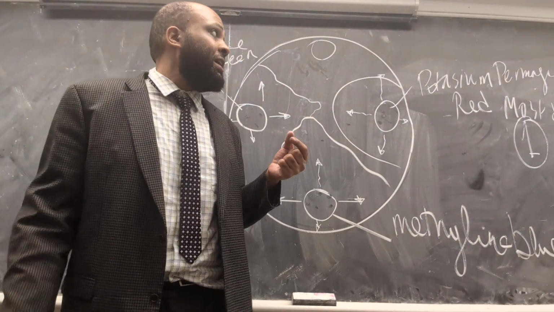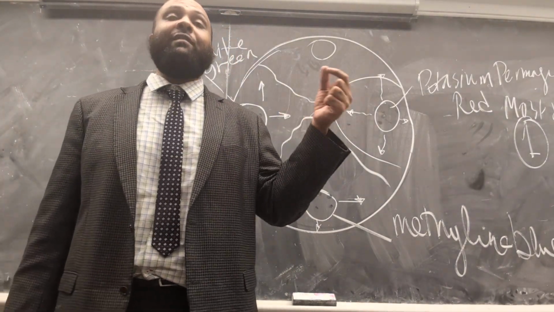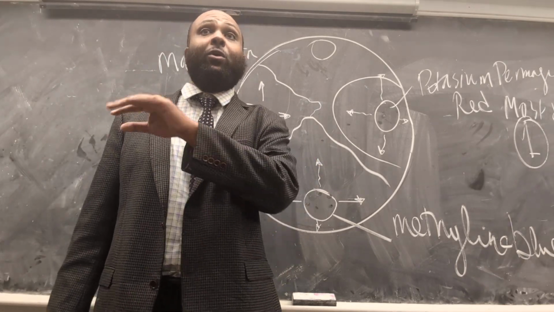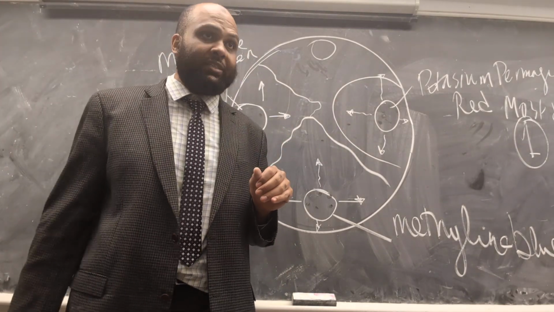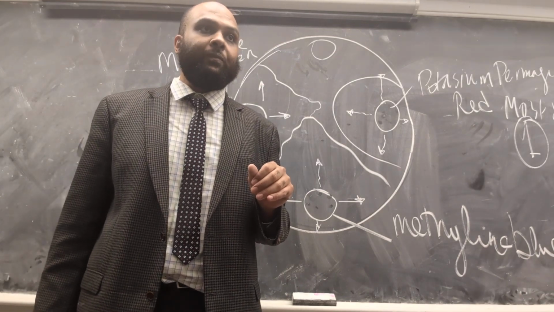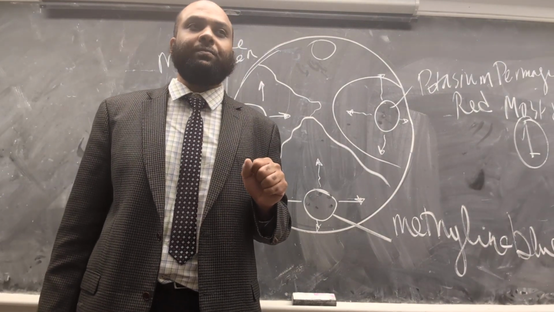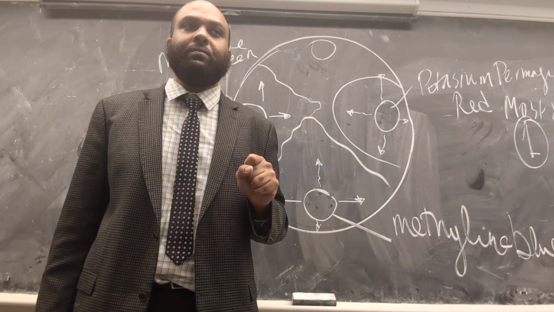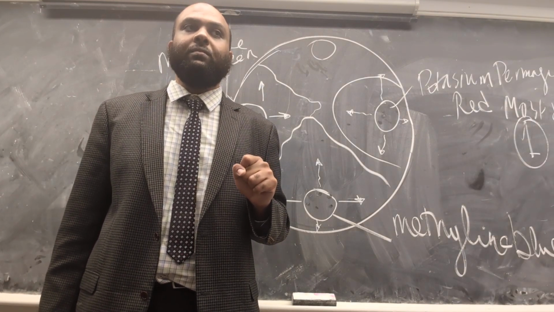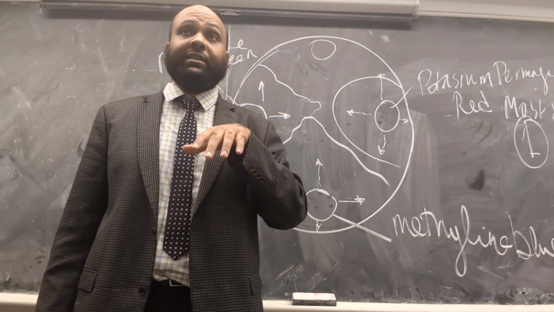If you heat up potassium permanganate and you have a cool potassium permanganate and they're all the same size, the same mass, the hot one is going to move faster. How they function after is going to be different. Because the heated one is moving faster, it's going to process differently than the cold one.